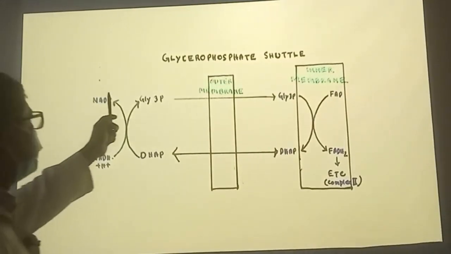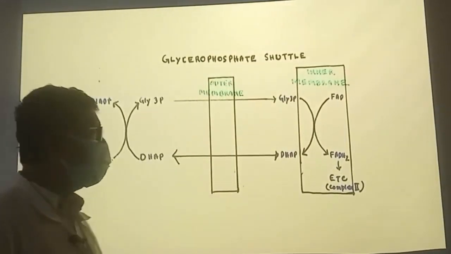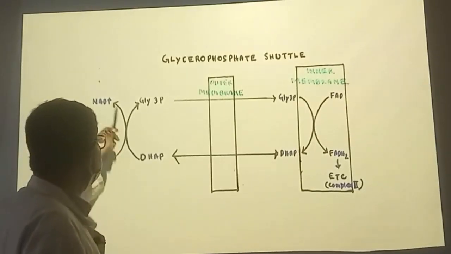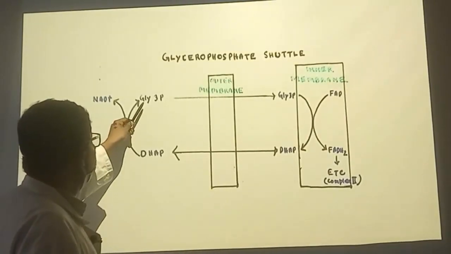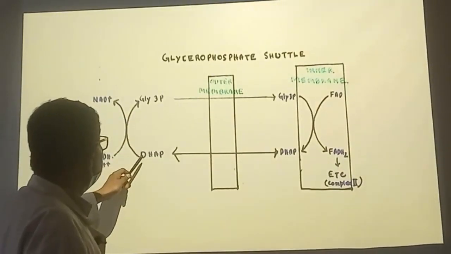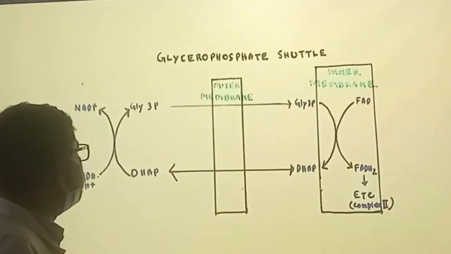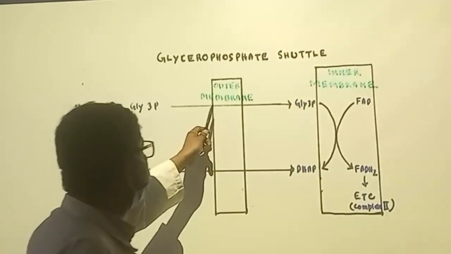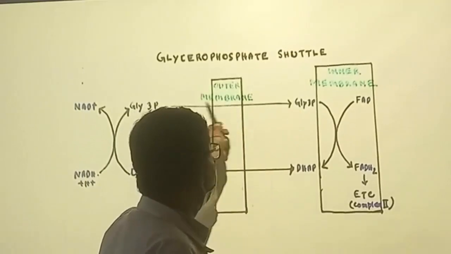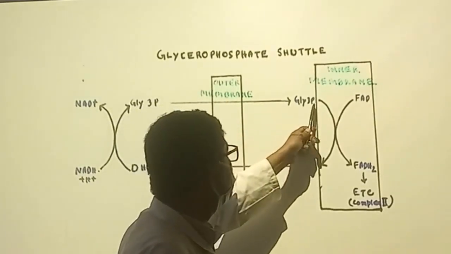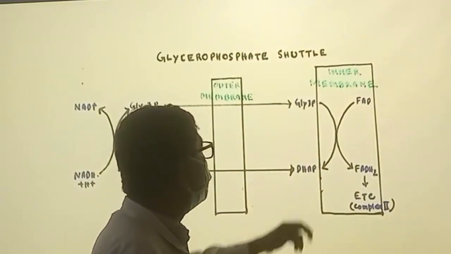One is the glycerophosphate shuttle. Here you can see the NADH plus H plus is used to convert dihydroxyacetone phosphate to glycerol 3-phosphate, and this helps in transport, because these are transporters, into the inner mitochondrial membrane.